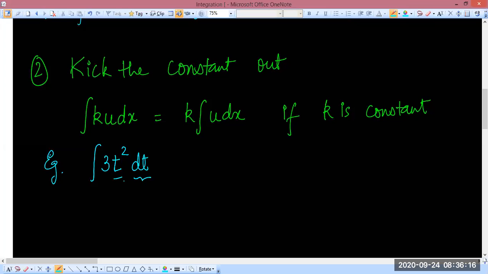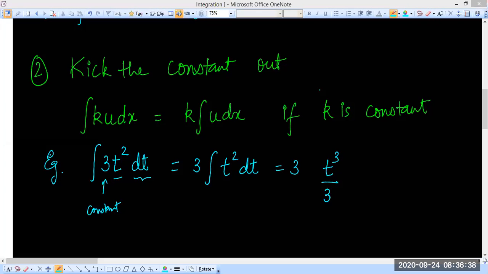But 3 is a constant, so kick the constant out, and then follow the usual procedure. Clear? Very good. You all are learning fast. This is same as the differentiation rule, isn't it?